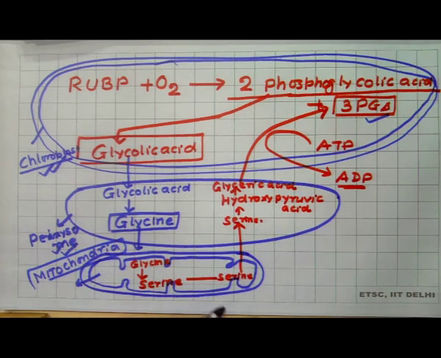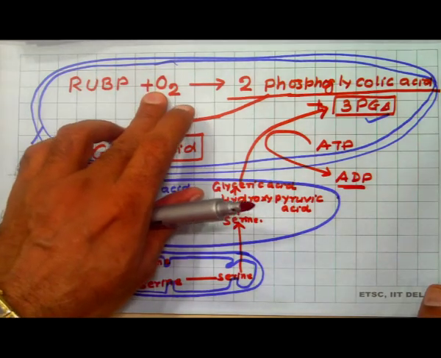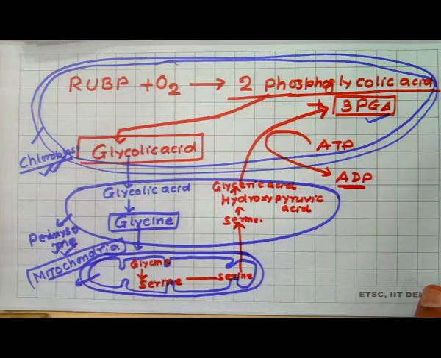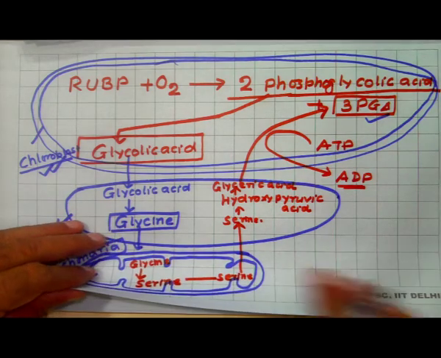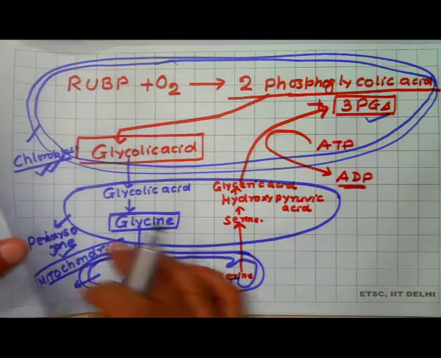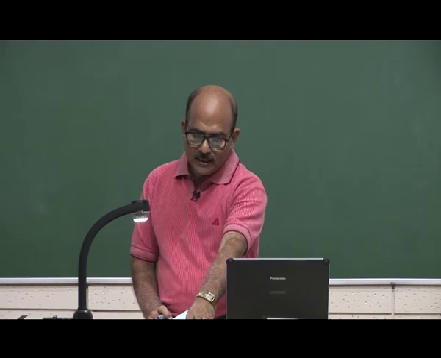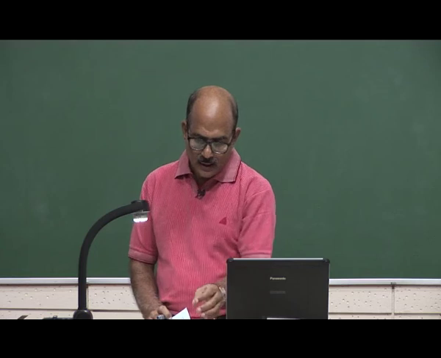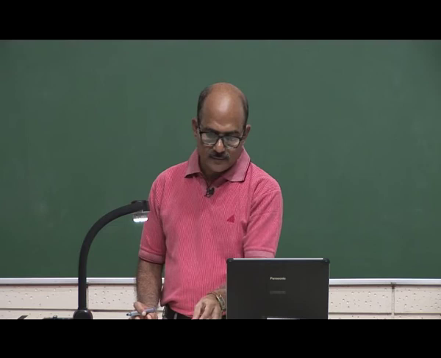It is the net loss of the plant, because normally RUBP combines with carbon dioxide and forms phosphoglyceric acid, which later on is converted into sucrose molecule or starch molecule to fix the carbon dioxide. But here is the net loss of the plant, because the RUBP combined with oxygen.